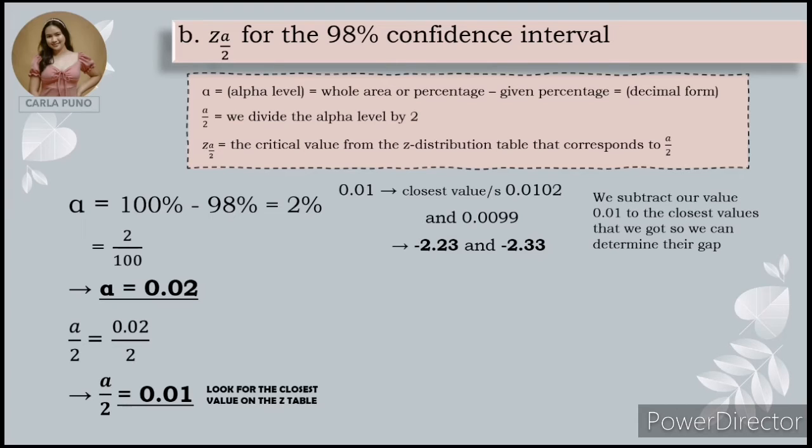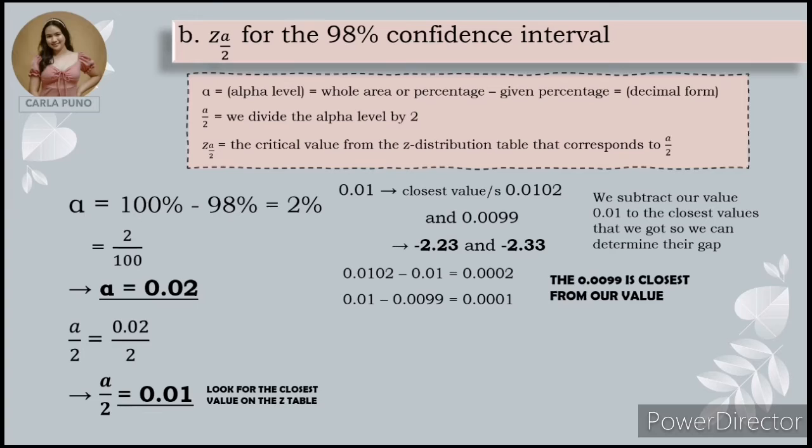We subtract our value 0.01 from the closest values that we got so we can determine their gap. We have 0.0102 minus 0.01 equals 0.0002. Next, 0.01 minus 0.0099 equals 0.0001. As we can see, 0.0099 is closest to our value.